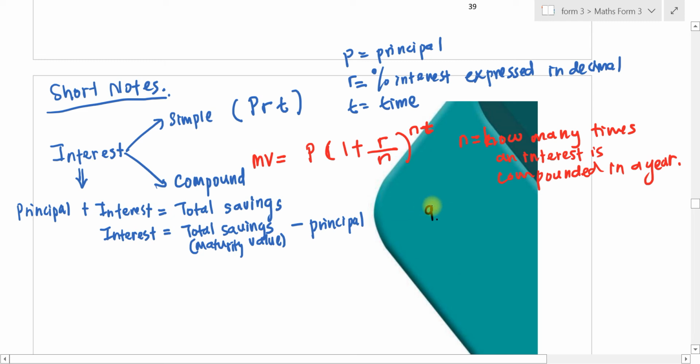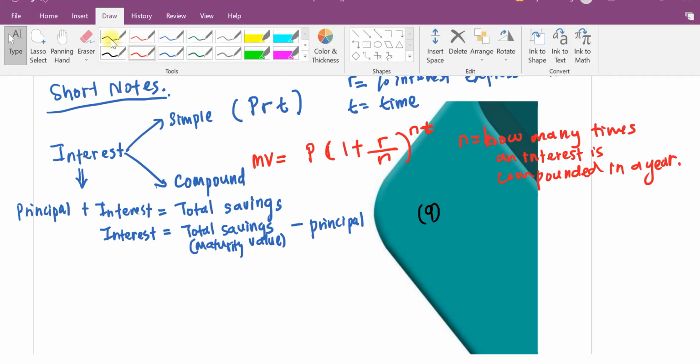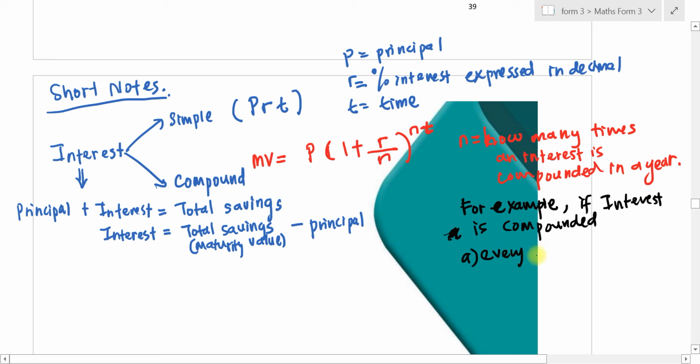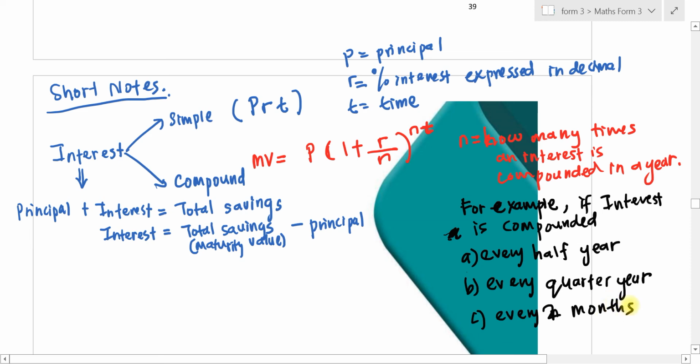If they say interest is compounded every half year, let's say they tell you like this, and then every quarter year, and then every 2 months, like this.